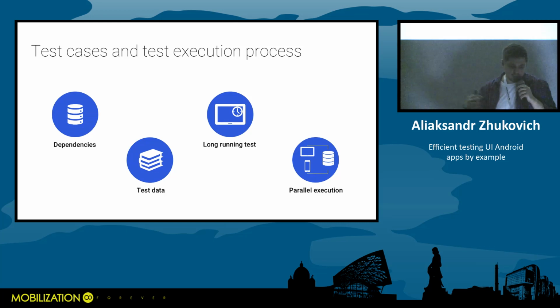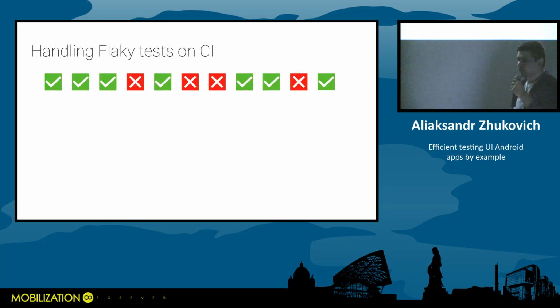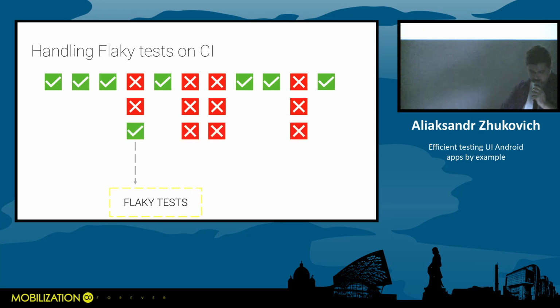If you try to fix all your problems and you still have flakiness, you can introduce handling of flaky tests on the CI server. Let's imagine that we have results like this. It's mostly green, but we have some fails. First of all, we can collect all our fails and run them a few times.